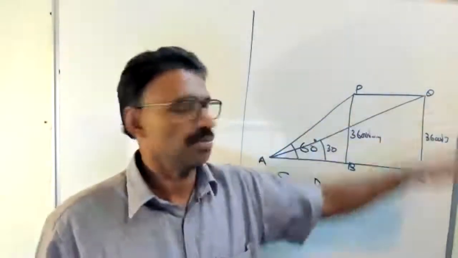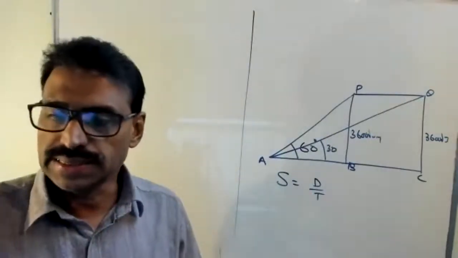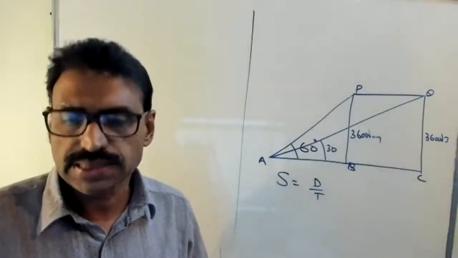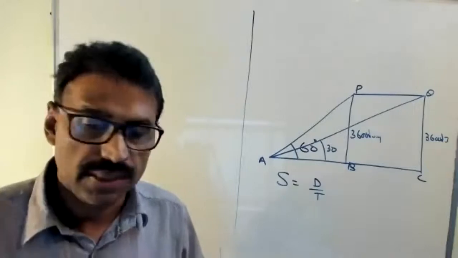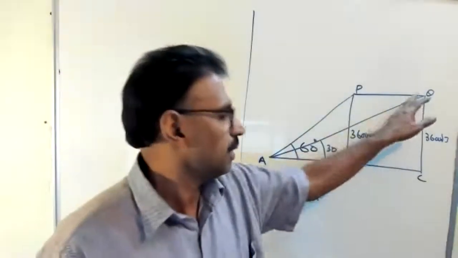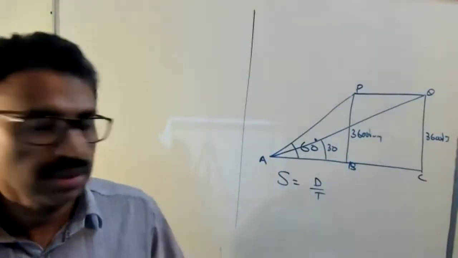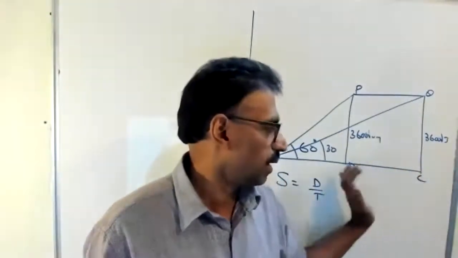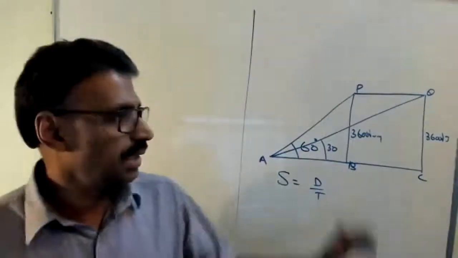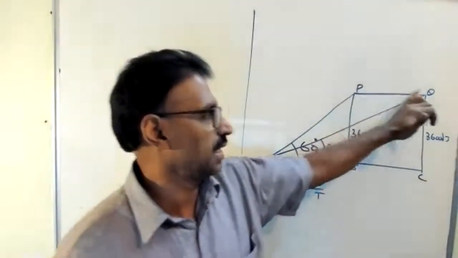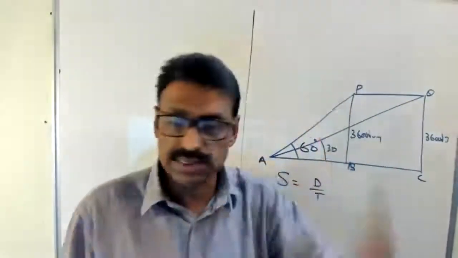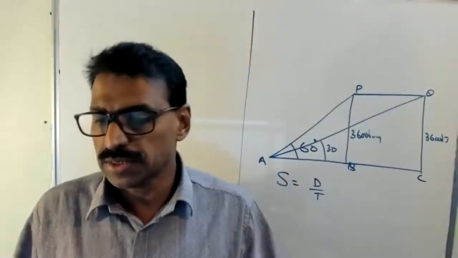That is PQ. Don't think the flight is going through a road. The distance covered by the flight in 30 seconds is PQ, that is BC. That distance divided by the time gives the speed.